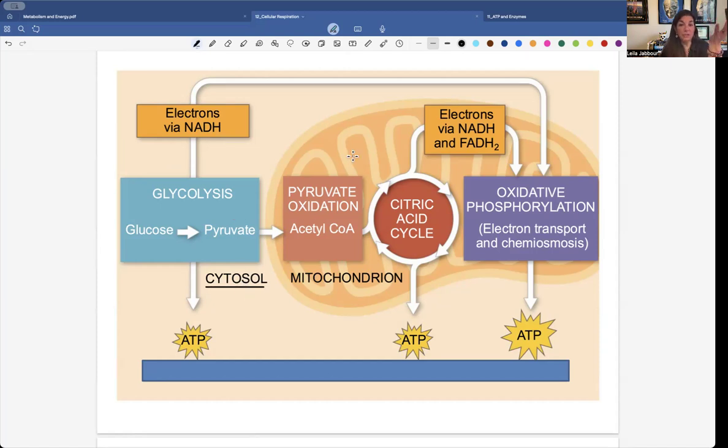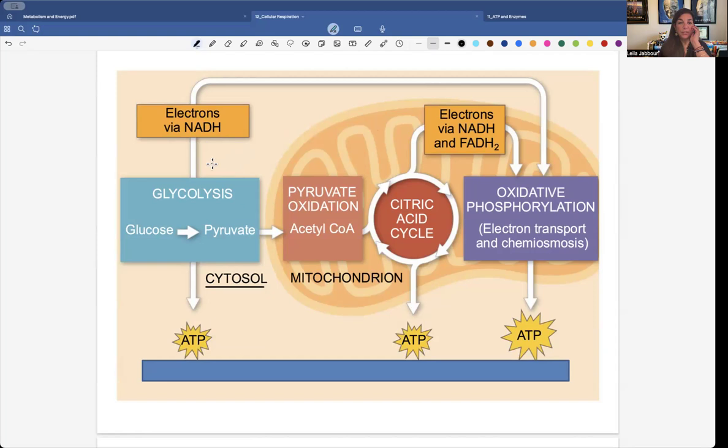And then there's a mitochondrion that's illustrated. That's one of the organelles the cell has. That's the organelle we're talking about today because that's where the magic happens. Okay. So glycolysis takes place in the cytosol. Pyruvate oxidation and citric acid cycle take place in the mitochondrion. Oxidative phosphorylation takes place in the mitochondrion's inner membrane, even more specific.